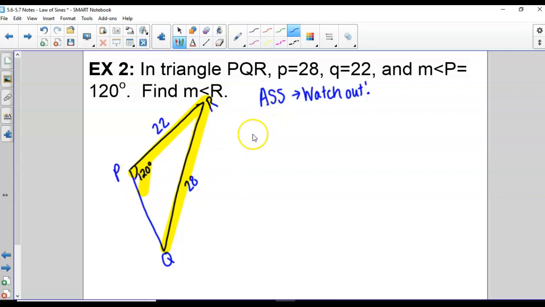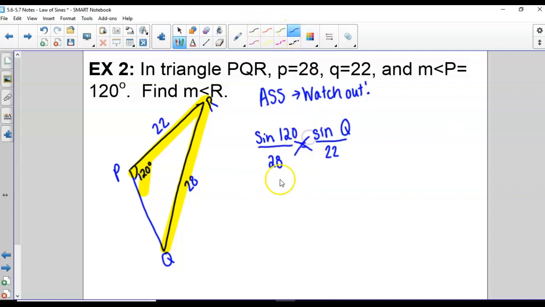So we're going to set up, we're going to say sine of 120 over 28 equals sine of Q over 22. We're going to solve this one like we did the other.